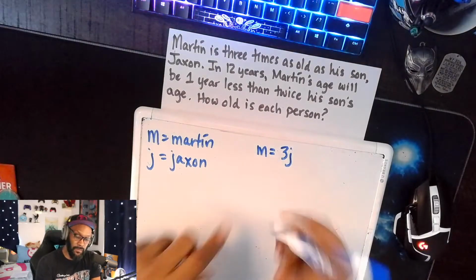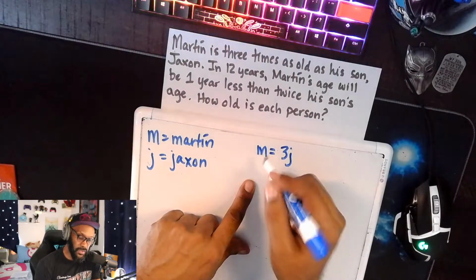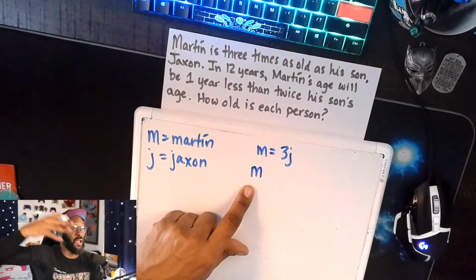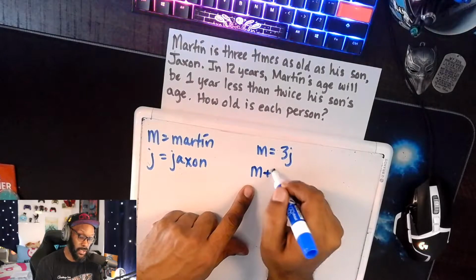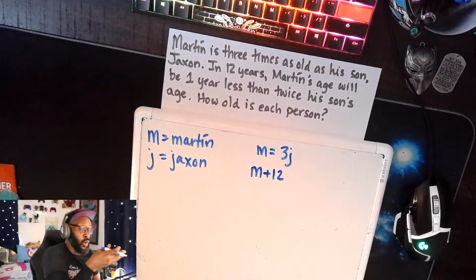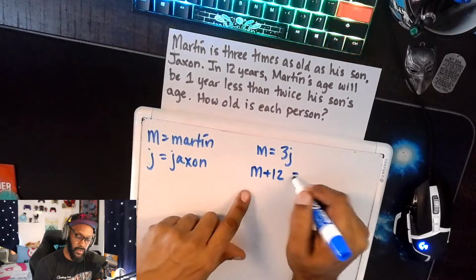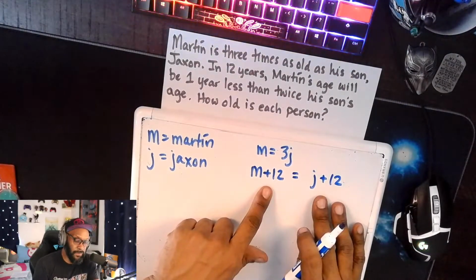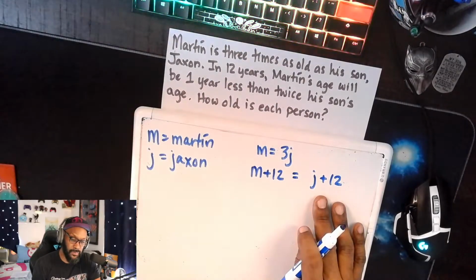Time doesn't stand still for me. So we have to make sure that we include 12 years in 12 years. That's further. So that's plus. 12 years ago would mean minus, right? So we got to make sure, one, that both of them are accounted for in 12 years.